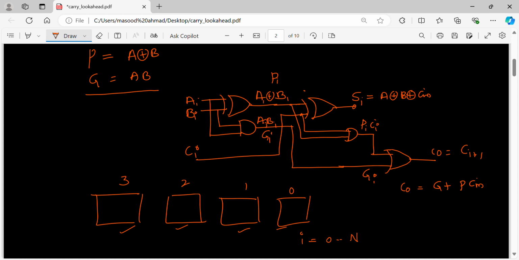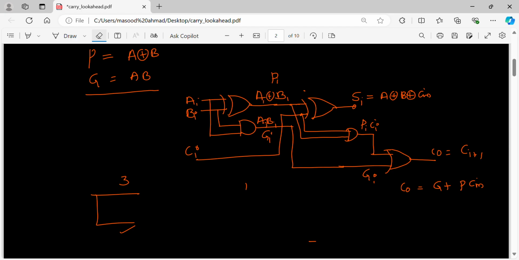From this, what is clear is that we will write the expression, and from that we see how exactly we make the calculations. The carry output becomes Ci plus 1.